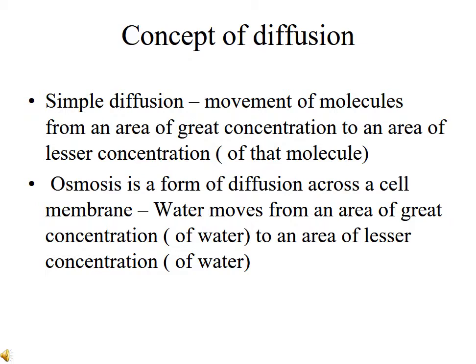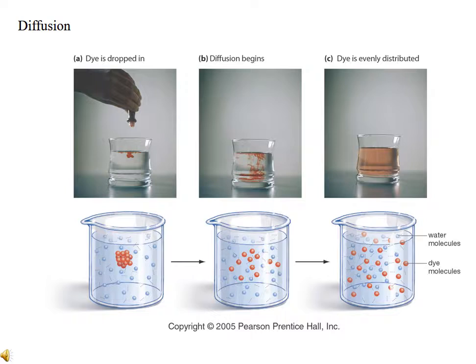For example, when water moves from an area where it is very pure to an area where it is very salty, the salted area has a very low concentration of water. So water will always move from an area of high concentration of water to an area where the water concentration is very, very low.